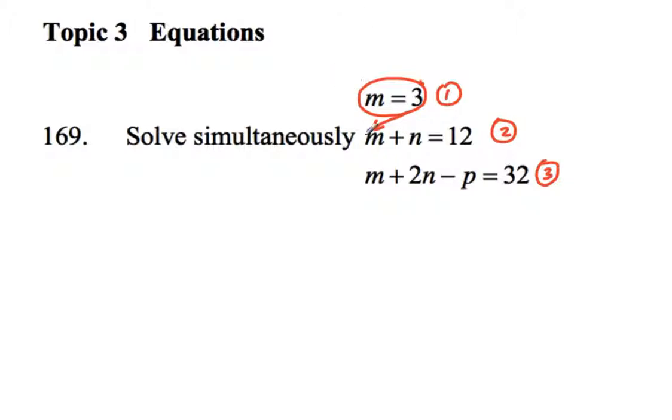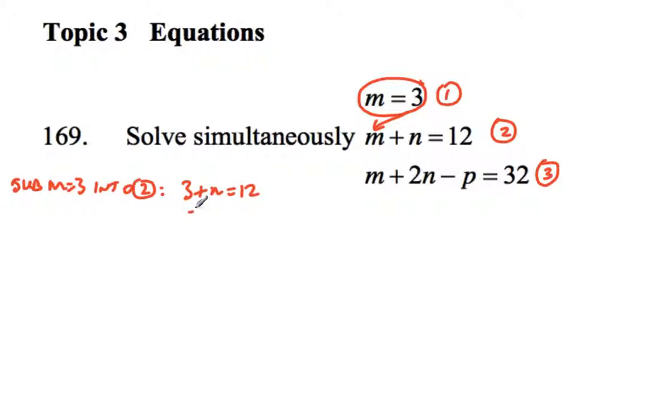So I'm going to suggest that we're going to replace that m in that second equation with a 3. So we're going to say sub m equals 3 into equation 2. So that will give us 3 plus n equals 12.